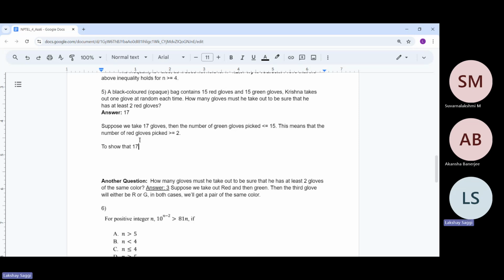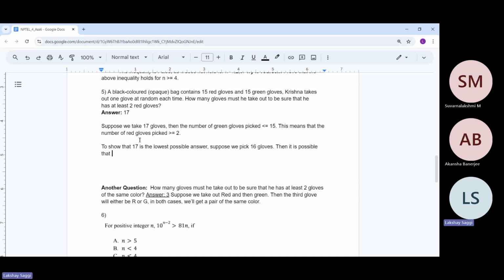Show that 17 is the lowest possible answer. Suppose 17 was not the lowest. Suppose we pick 16. Then it is possible that there are 15 green and only one red glove picked. So there can be an example among 16 gloves where 15 are green and one is red.